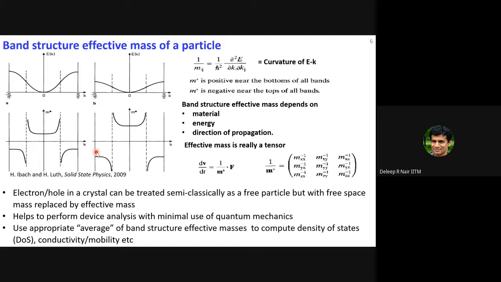So all these other effective masses can be written as some kind of an average. By average I don't mean arithmetic mean, but some kind of an average of the band structure effective masses. So in summary, effective mass is a quite useful approximation, as it enables an electrical engineer not to bother about quantum mechanics and perform device analysis with semi-classical physics.